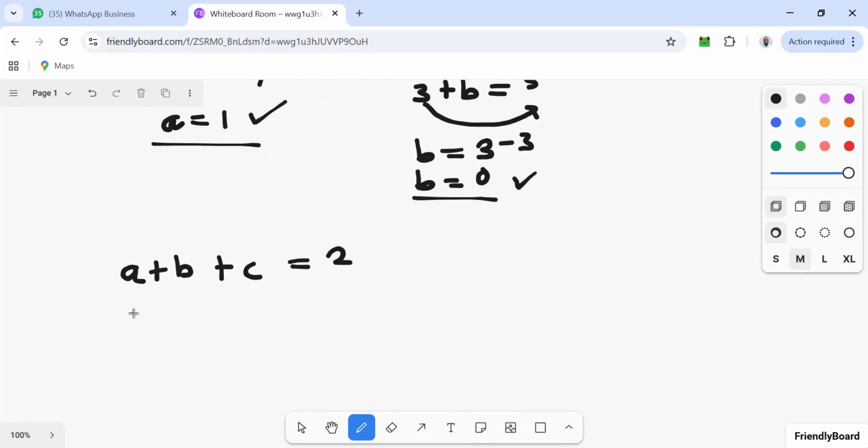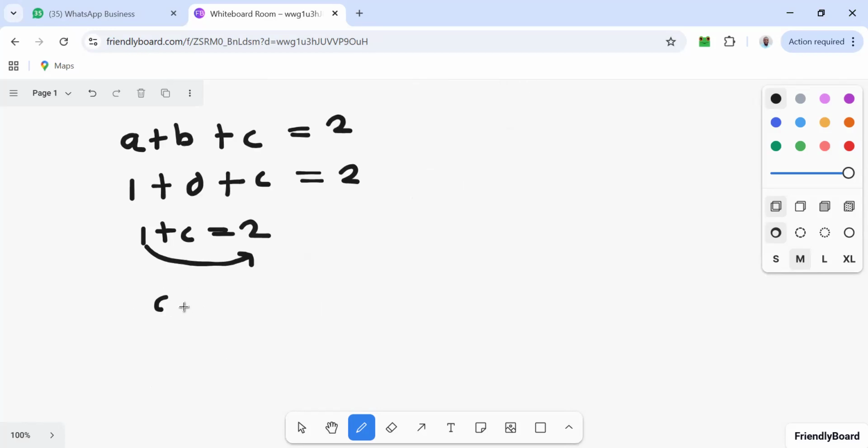So A was 1 there. I'm going to put 1 plus B is 0, and then I'm going to put 0 plus C is equal to 2. All right. So this will be 1 plus C is equal to 2. Then take this 1 to the other side. So C is equal to 2 minus 1.